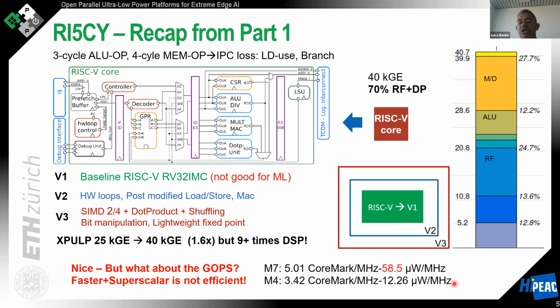We are not going to go the same way. So in fact, if you look, for example, at the ARM M4, which is comparable in performance to RISC-V, you have this type of energy efficiency shown here.